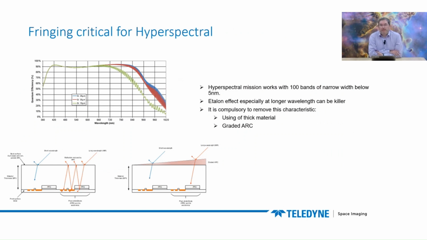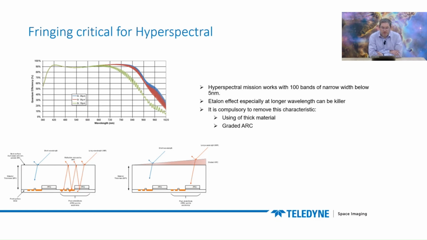One important performance that is really critical for hyperspectral is the sensitivity of a detector to the light, and, in the near infrared, how much fringing there is.